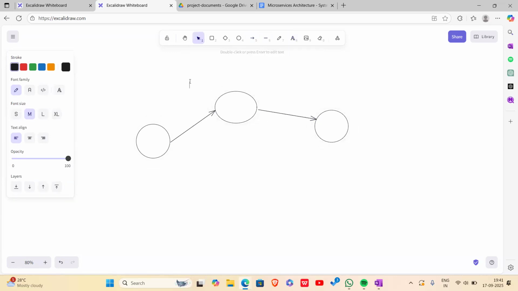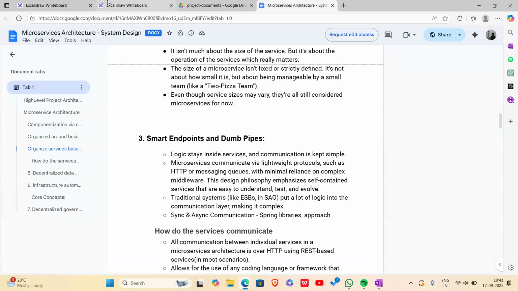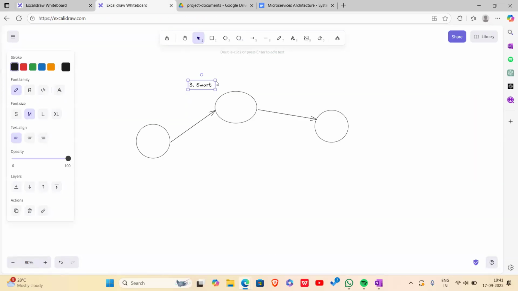The third attribute is smart endpoints and dumb pipes.